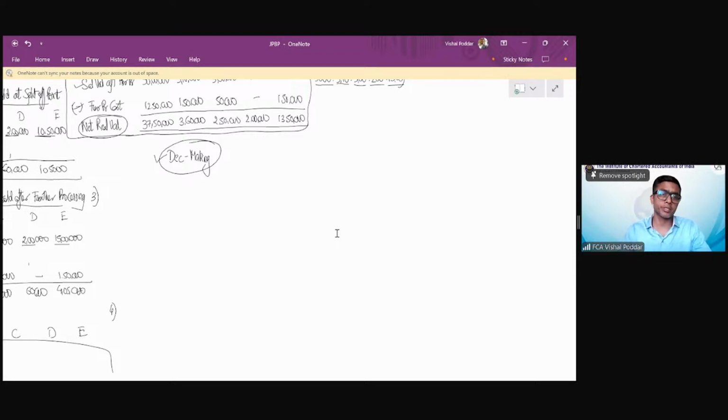Now, first choice is you can still apportion your joint cost using any one of the methods. So apportion joint costs, profit at split off, profit after further processing, and then decision. But then it would be too time consuming, and even the sum is not having that weightage. For 4 marks, if you spend so much time, it would be more than 15 minutes. That is not worth it. So do I have a direct method for this?